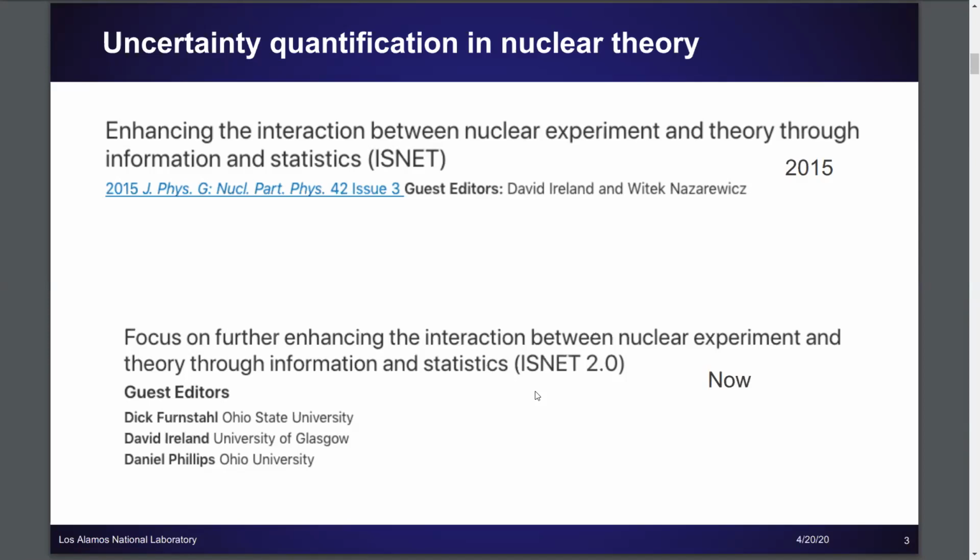There's just really a lot of people who have been looking at how to rigorously quantify uncertainties in nuclear theory so that we can give a more honest look at what our theories can and cannot do.